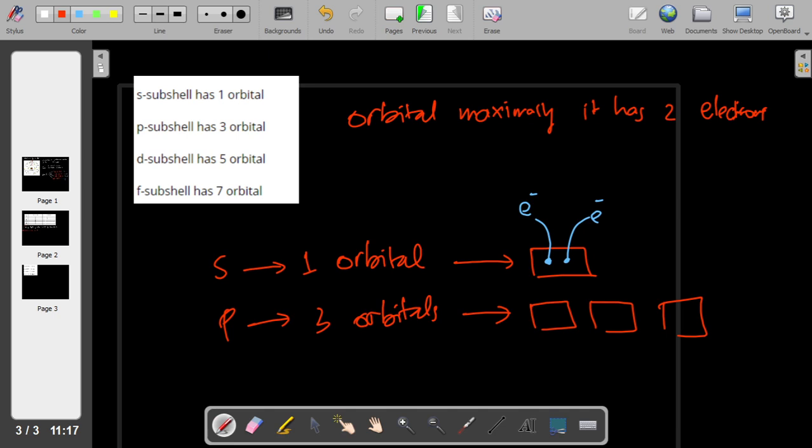So that is 1, 2, 3, 4, 5, 6, which means 6 electrons.